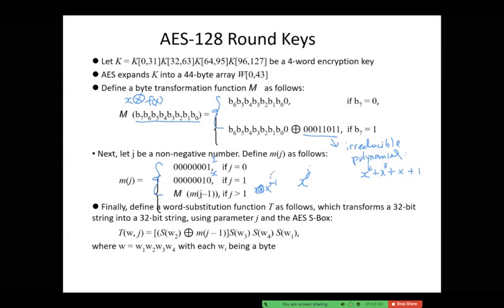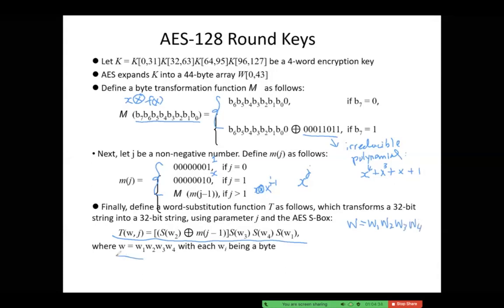So what we want to see here is how these subkeys, the round keys, are generated. We first define this T(W, j), where W is a 4-byte-long string. So we call this W1, W2, W3, W4.